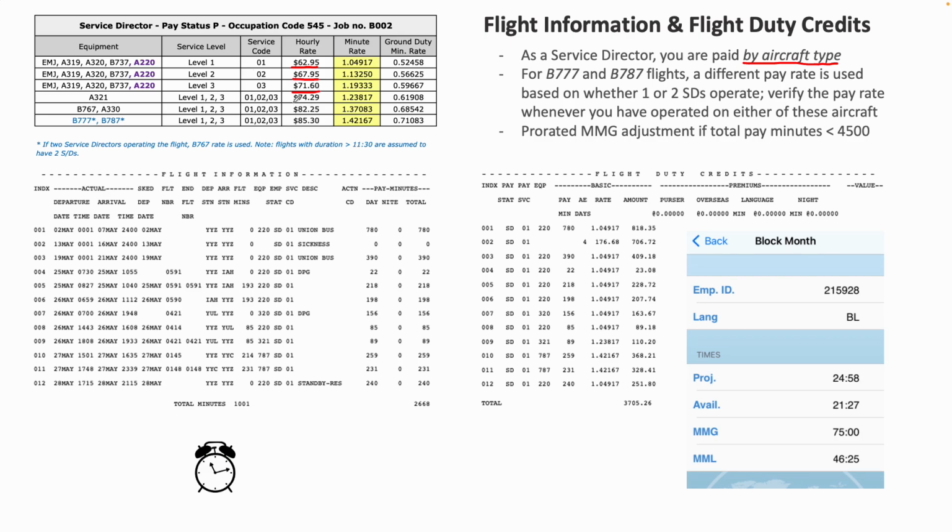Airbus 321 has its own pay rate. The Boeing 767 and the Airbus 330 have their own pay rate, and the Boeing 777 and the Boeing 787 have their own pay rate.